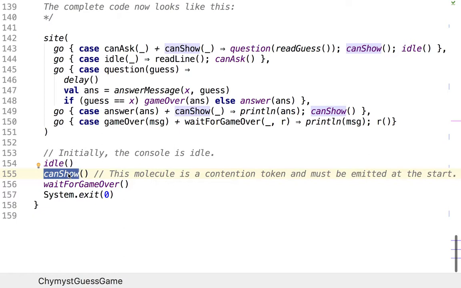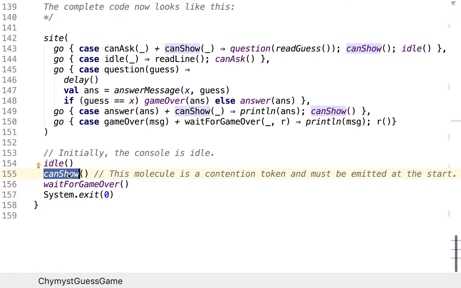Now, this kind of pattern, where you have many processes that need to share a resource, is called the reader-writer problem, where you can have many readers and many writers, but they need to resolve their contention. Only one console is available. So either you're reading or you're writing to it, but not at once.